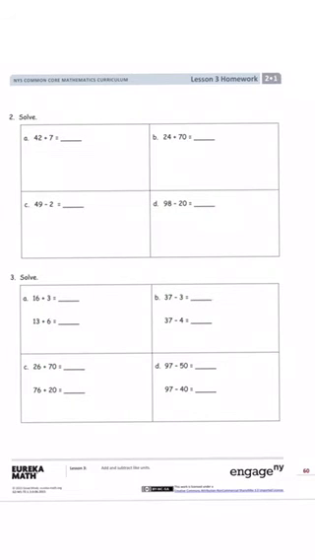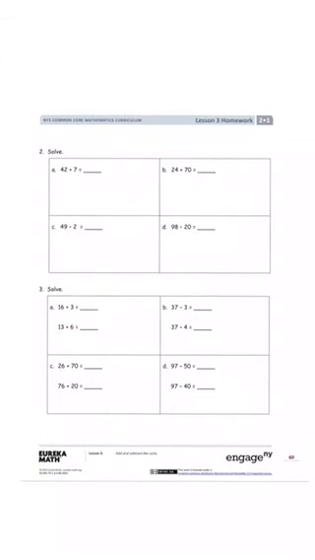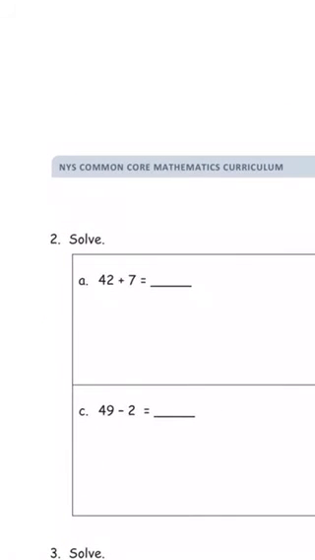All right, for our last set of homework problems, we are going to take a quick look, and I would like for everyone to try to do the quick 10 drawing for these problems. So for example, for letter A, if you want to do a quick draw and break that apart, that would be wonderful. So for example, for 42, we know that 42 is the same thing as 40 and 2. And so we are going to be adding the like units.